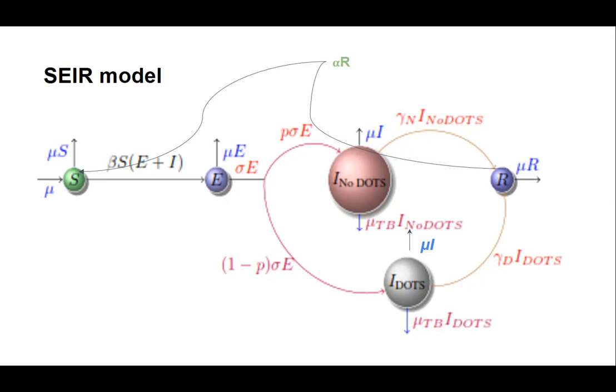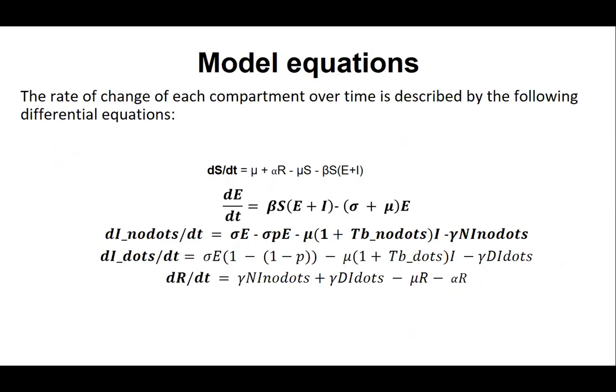And then we go to the recovery. Those on treatment and those without treatment have different recovery rates, but those who recover can be susceptible again, and then the cycle continues. They can relapse and get the disease again.